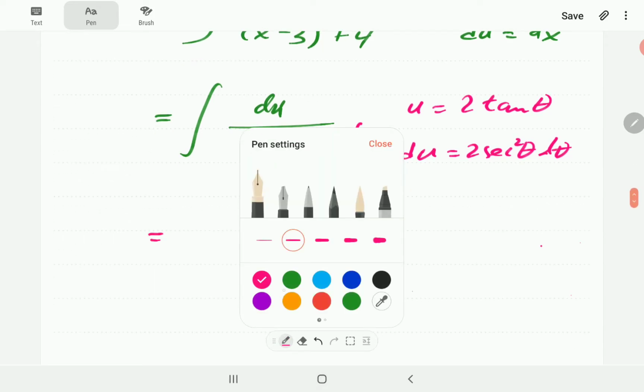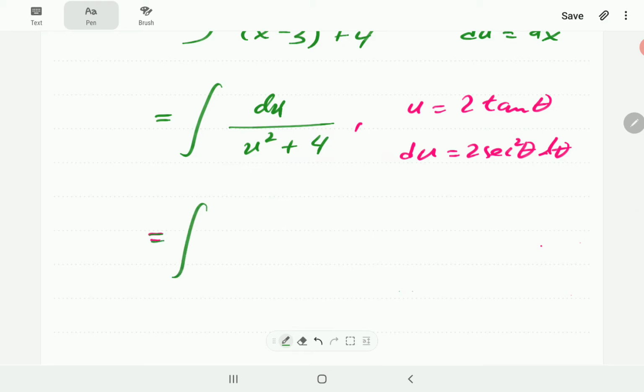So our integral is now 2 secant squared theta d theta all over 4 tangent squared theta plus 4.